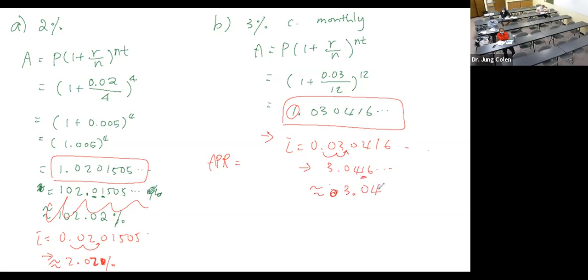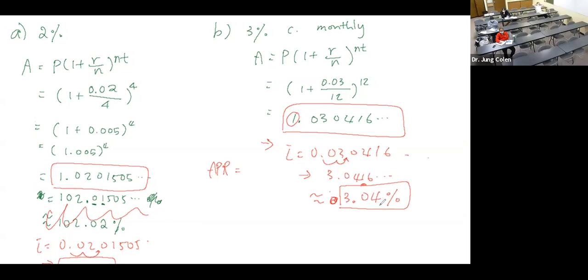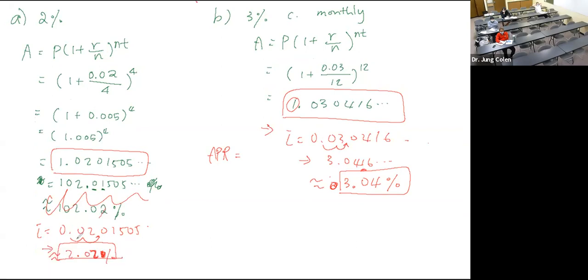The 1 is less than 5, so you need to round it down. So you get 3.04 or 2.02. Make sense? So you can compare those two easily and think about, oh, both are compound interest, but if I invest, this will give me more money because it has a better interest rate. This will give me less money because it has a lower interest rate. Okay, that's why we are doing this one.